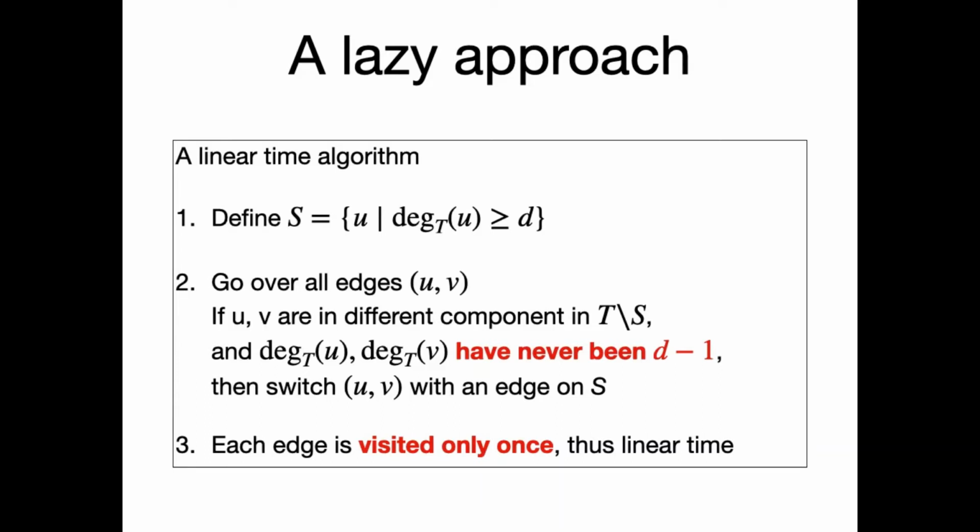Define S to include all high-degree vertices. Then we go over all edges, and if both endpoints are in different tree components after removing set S, and both tree degrees have never been d-1, then we would perform a switch on this edge with another edge on S. In this way, each edge is visited only once, and therefore our algorithm runs in linear time.